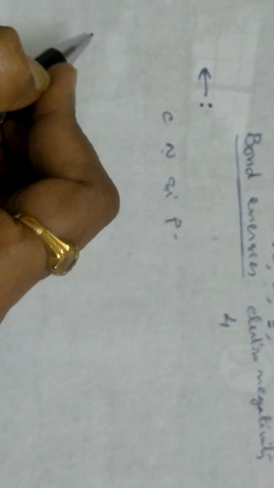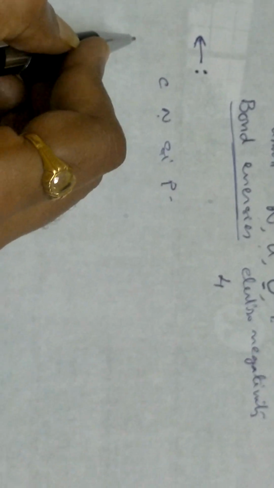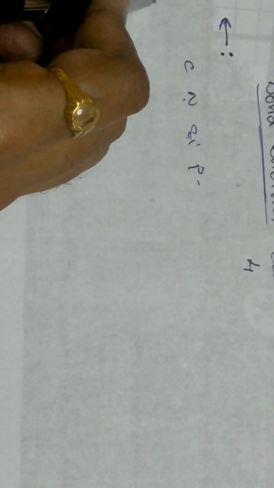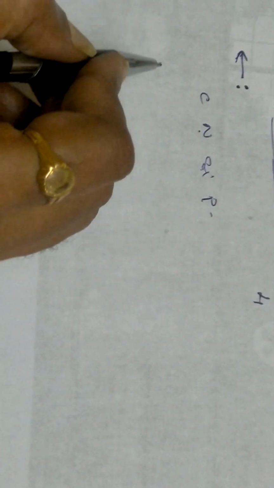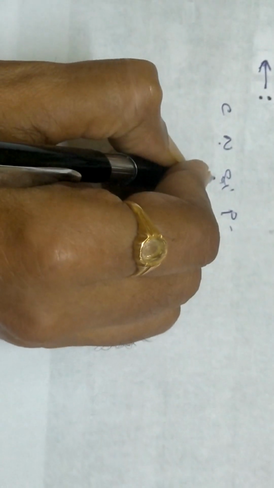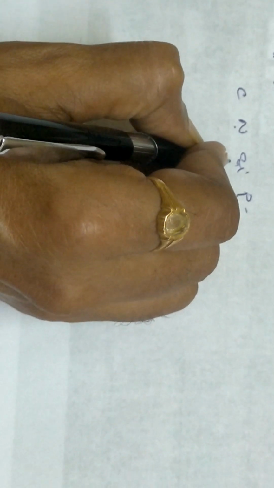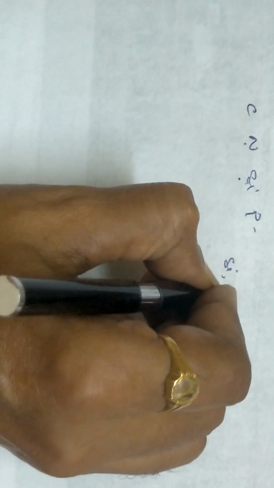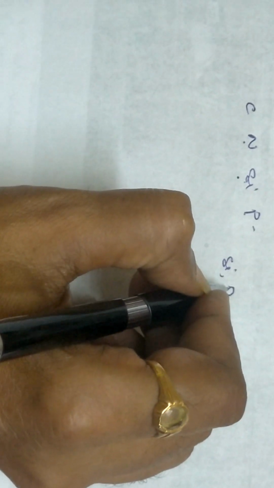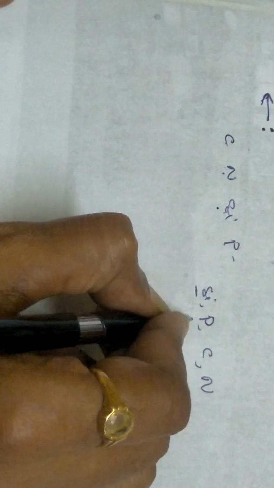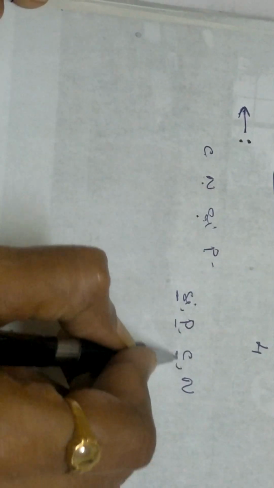Silicon and phosphorus are below carbon and nitrogen. Electronegativity increases from left to right, whereas from bottom to top it decreases. So the lowest is silicon, then phosphorus, then you go to the top, carbon, then nitrogen. Silicon is the least, phosphorus is next because in the same period silicon comes before phosphorus, then carbon on top, then nitrogen.